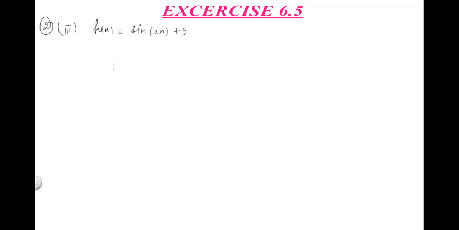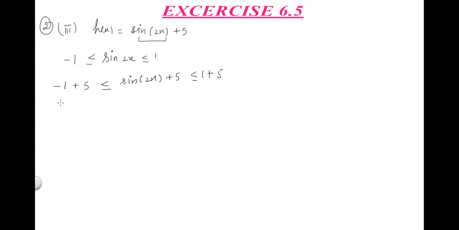Question number 2, third part, h of x, a function of x given as sine of 2x plus 5. We know for any angle the value of sine lies from minus 1 to 1. Right? Now to make this function complete, we have to add 5 on all the sides. We will write minus 1 plus 5 less than or equal to sine of 2x plus 5 less than or equal to 1 plus 5.